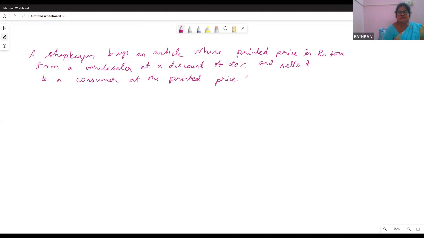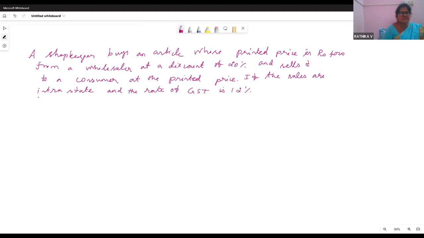If the sales are intrastate and the rate of GST is 12%.